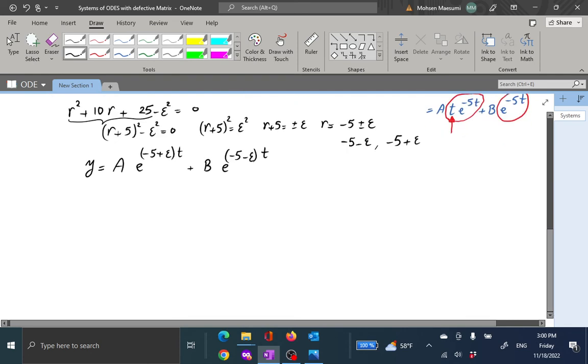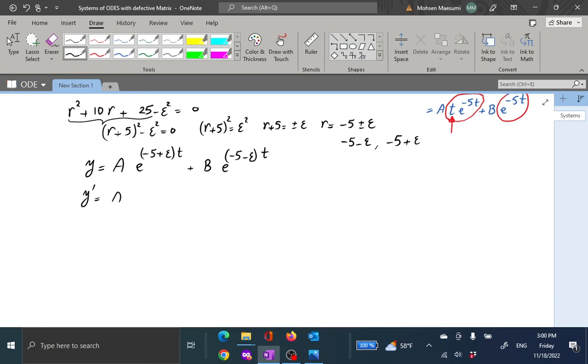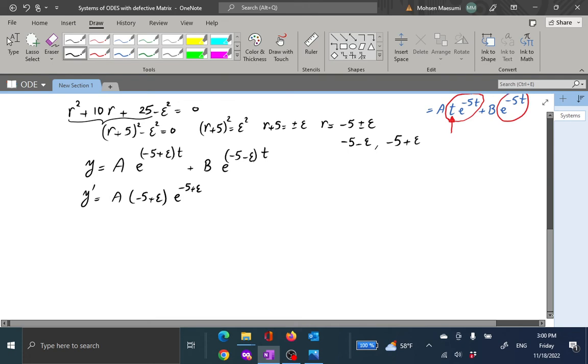So I go ahead and take a derivative of this, so it's going to be A times minus 5 plus epsilon exponential of minus 5 plus epsilon t, and then B times minus 5 minus epsilon exponential of minus 5 minus epsilon t.